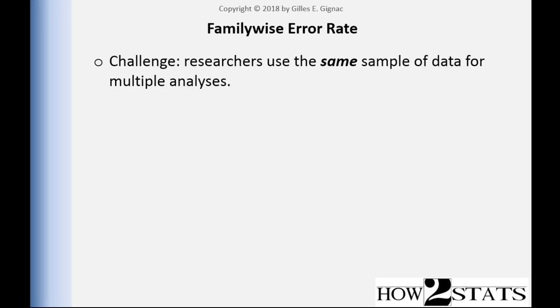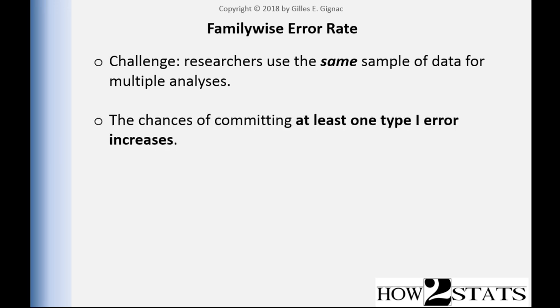Now things get more complicated when researchers conduct a multitude of analyses on the same sample of data. As researchers conduct more and more analyses on the same sample of data, the chances of committing at least one type 1 error increases. It doesn't stay just at 0.05. It actually increases.